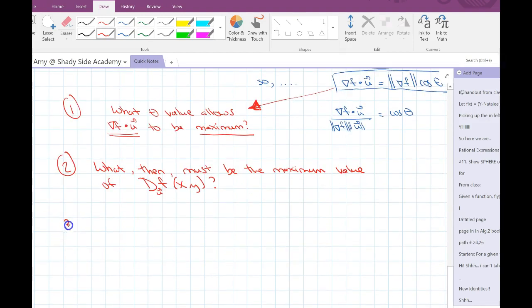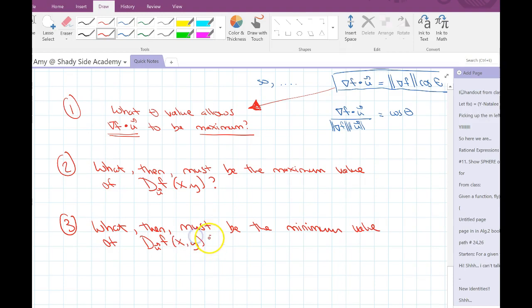Third question. What then must be the minimum value of the directional derivative of f at some point x, y? Okay.